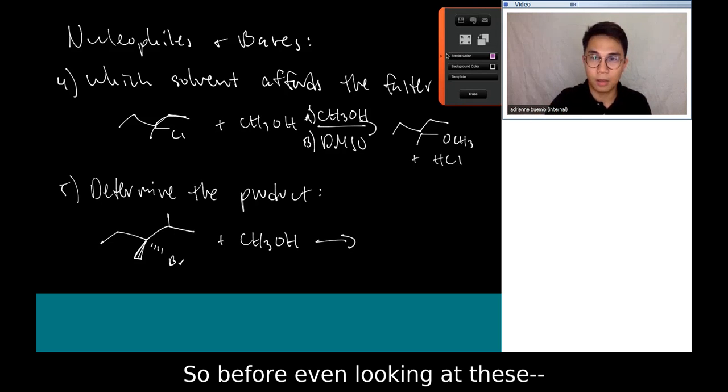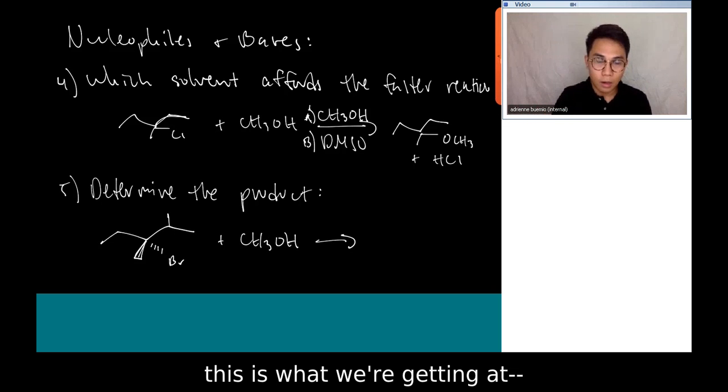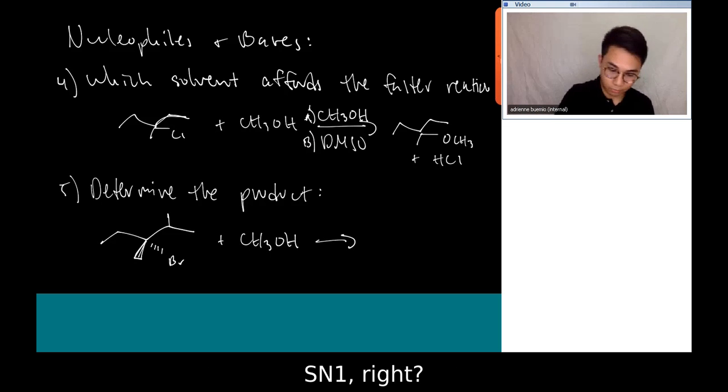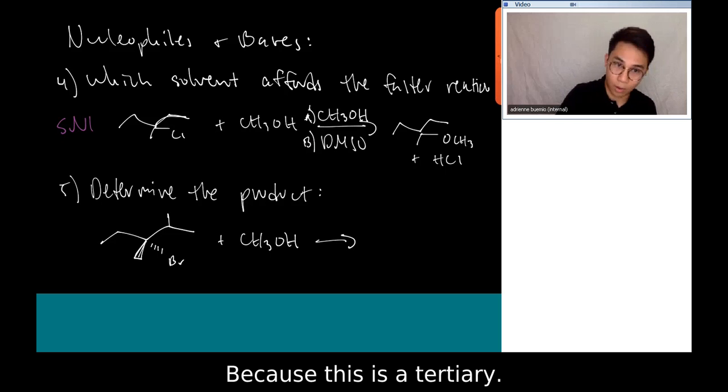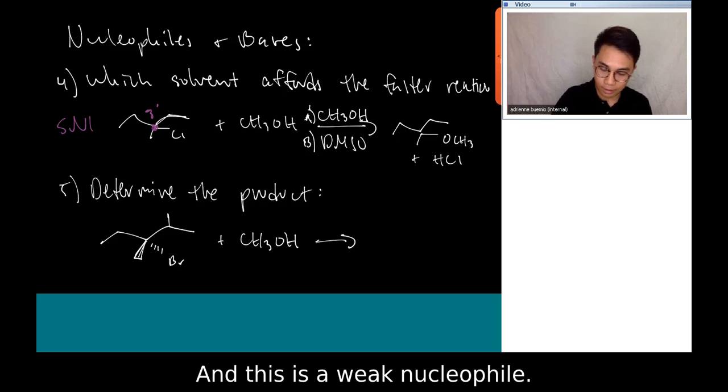Okay, so before even looking at these, this is what we're getting asked. What kind of reaction is this? Right, SN1, right? SN1. And why? Because this is a tertiary, and we know tertiary is always with SN1, and this is a weak nucleophile.